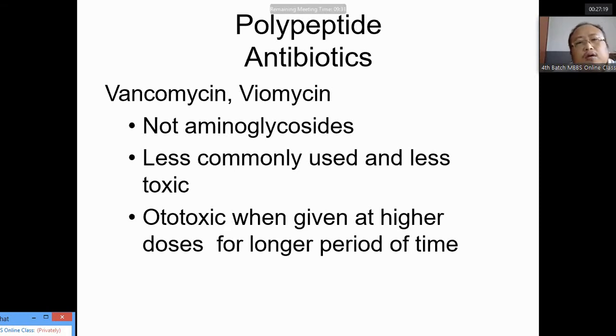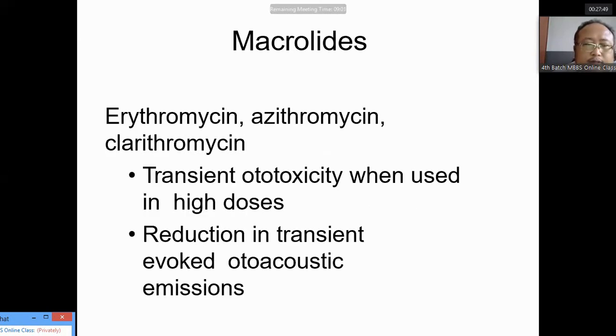So any patients who are treated with these types of drugs or antibiotics should be assessed pre-operatively, prior to the medications. It is ideal to advise them to go for an audiogram, and after the treatment, repeat the audiogram to see whether or not ototoxicity has developed.